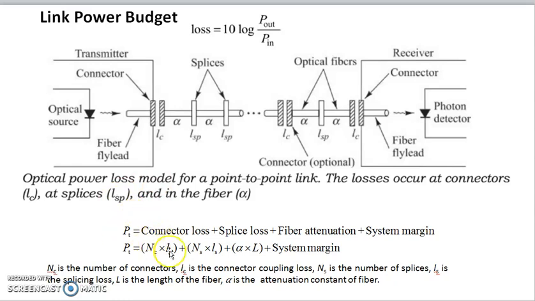The total loss, we can consider connector loss, how many connectors in this design, splice loss, how many splices are present in this design, what is the total length of the fiber, fiber attenuation, and a system loss, that is any other losses occurring during the link. So that's why we consider a system margin.